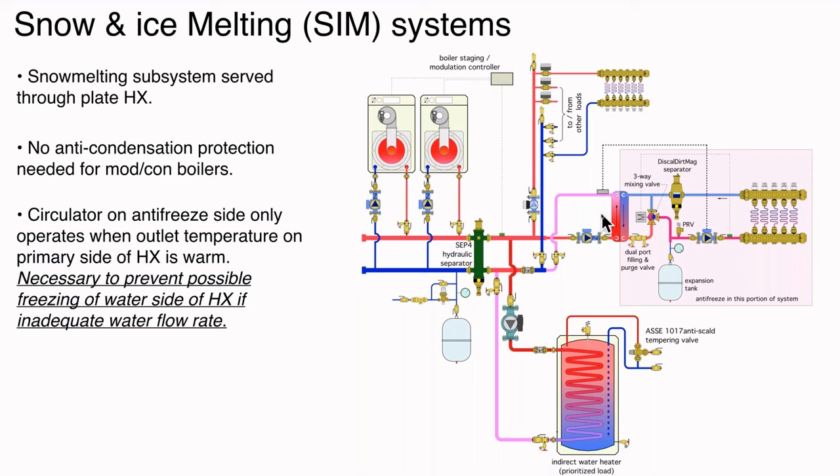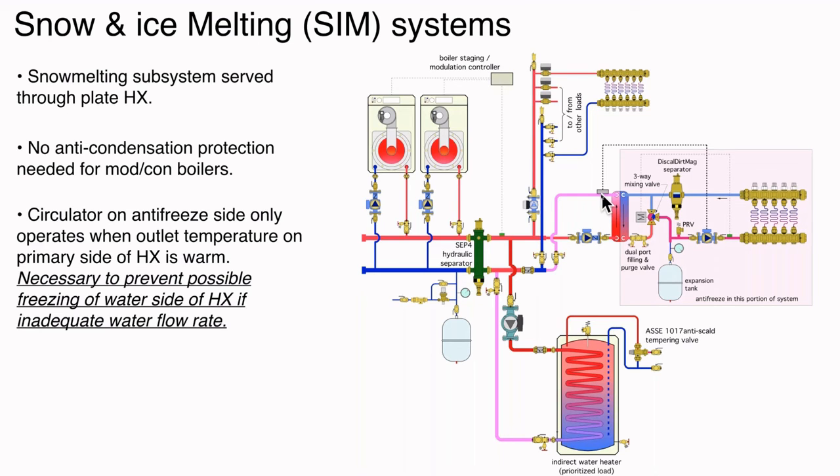So we're going to have some kind of control that basically doesn't allow the antifreeze circulator to operate until we have verified at least a non-freezing condition and maintaining a non-freezing condition leaving this heat exchanger. And it doesn't necessarily have to be a high temperature. It might be 40 or 50 degrees Fahrenheit, but we're verifying that we've achieved that temperature and that we're going to sustain some minimum temperature.